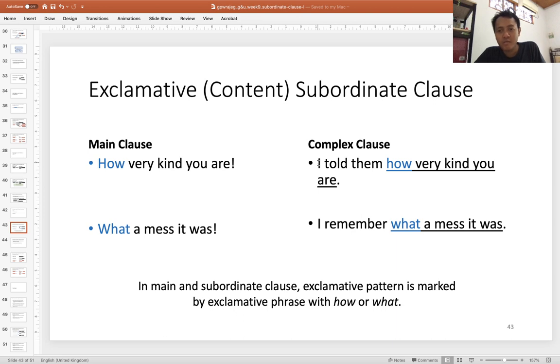"I told them how very kind you are." "I told them what a kind man you are." "I remember what a mess it was," and so on. You can try to build or find other examples of this type.